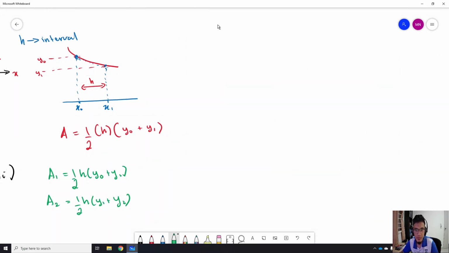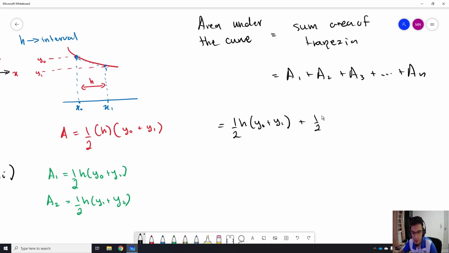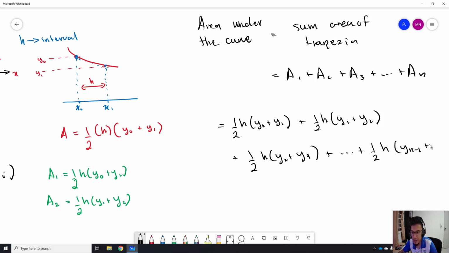So we can say that the area under the curve is equal to the sum of the areas of the trapezia. It's called trapezia because it is plural. That means it is equal to A1 plus A2 plus A3 plus An, and each of those: A1 is 1 over 2 h (y0 plus y1), plus 1 over 2 h (y1 plus y2), plus 1 over 2 h (y2 plus y3), plus 1 over 2 h (yn minus 1 plus yn).